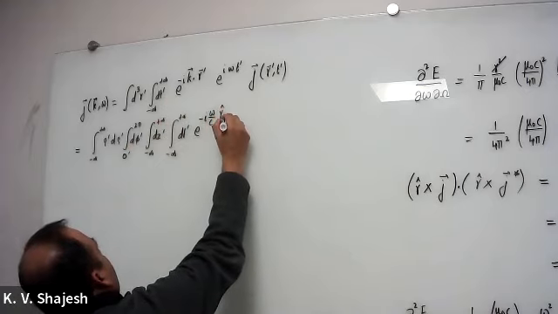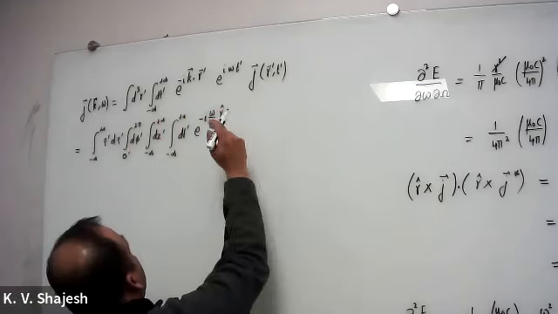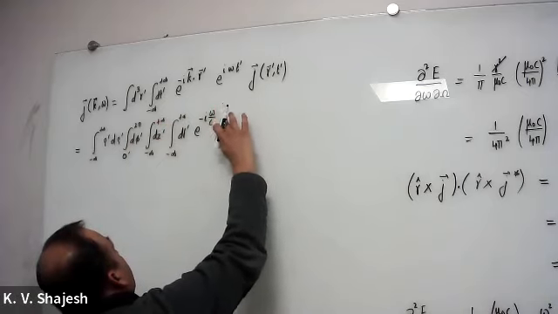R hat perpendicular means in the xy plane. R hat perpendicular is the xy plane, which is rho hat.